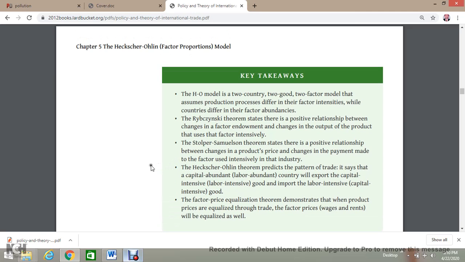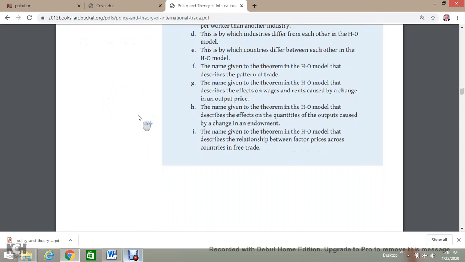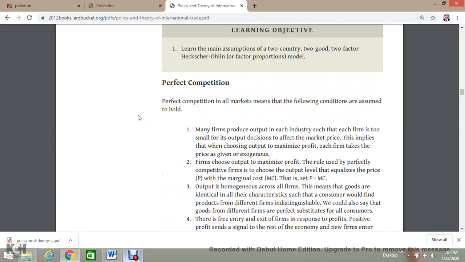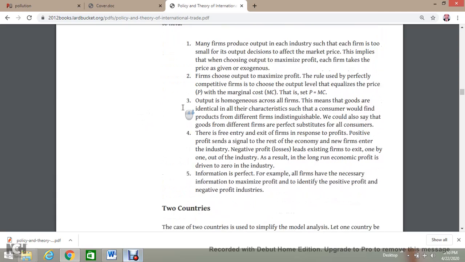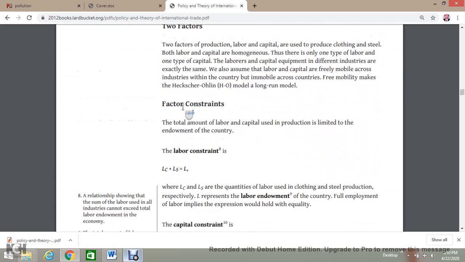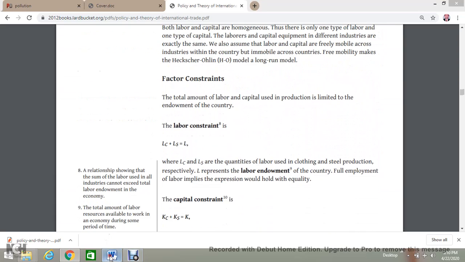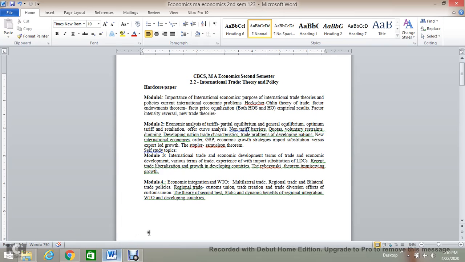So now we will have a discussion on another theory, the theory of second best.